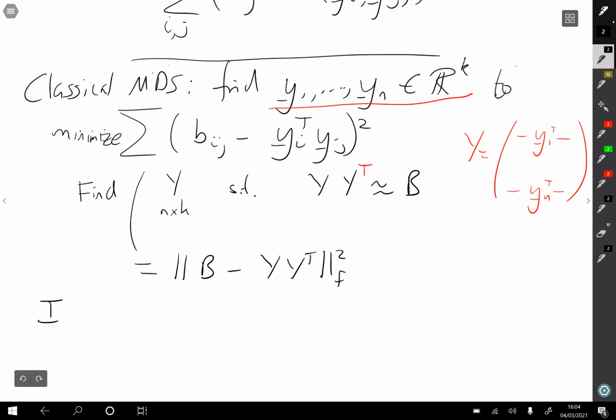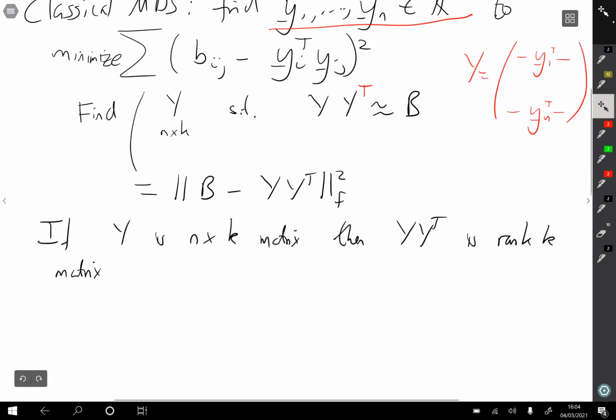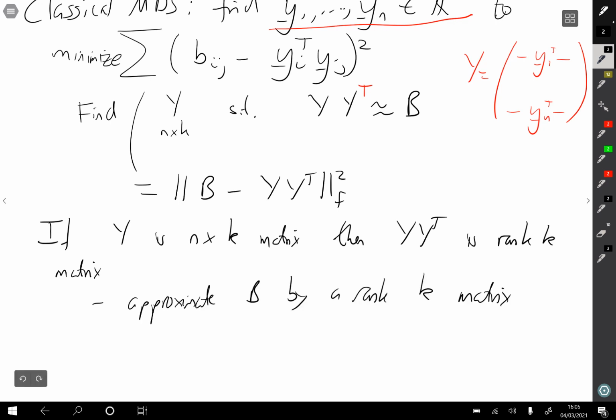Well, if y is an n by k matrix, then y y transposed is a rank k matrix because it's just a linear combination of the k columns of y. And so we know something about this. We're trying to approximate B by a rank k matrix, and we know the optimal choice here.